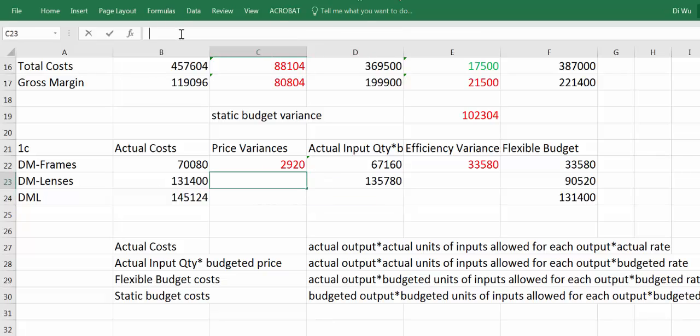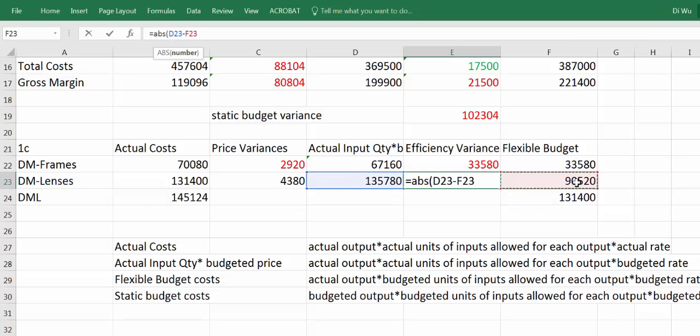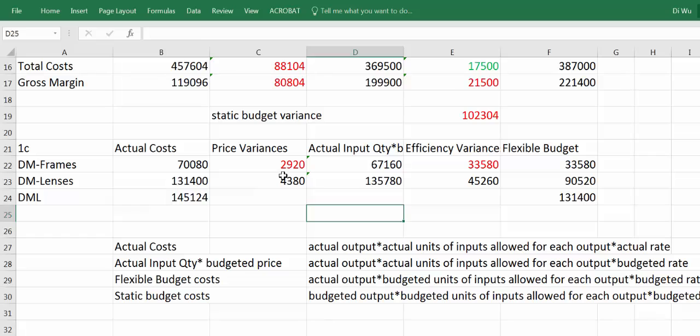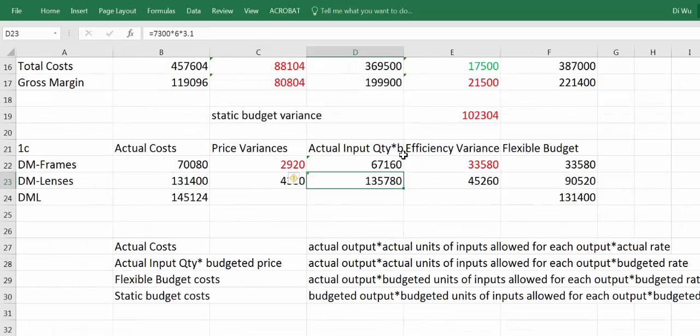Then go ahead and find the absolute value of the variances. For the efficiency variance, we have the following. Perfect. So for the price variances, we know that the actual cost is $3, and the actual input times budgeted price is 3.1.